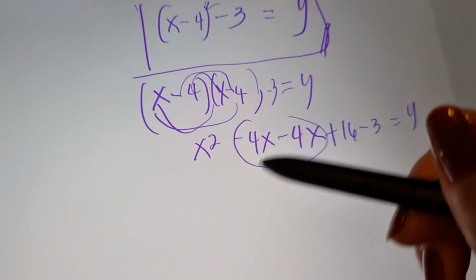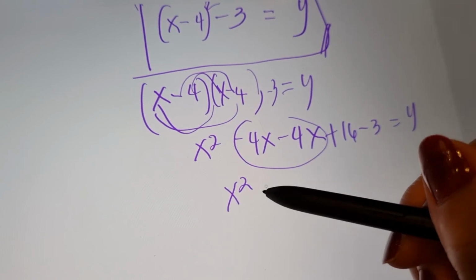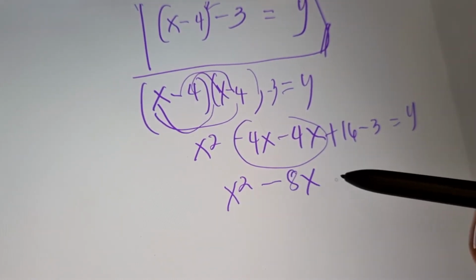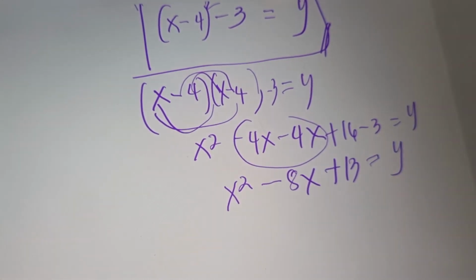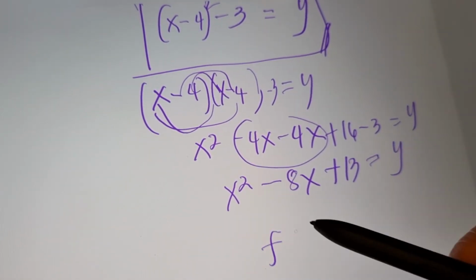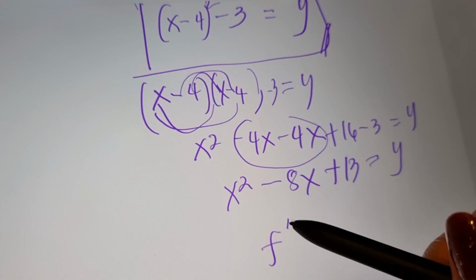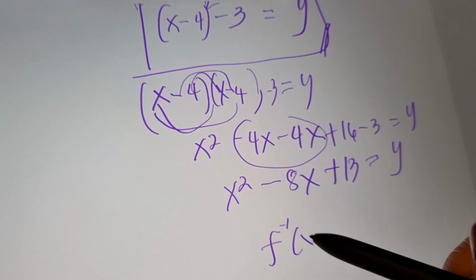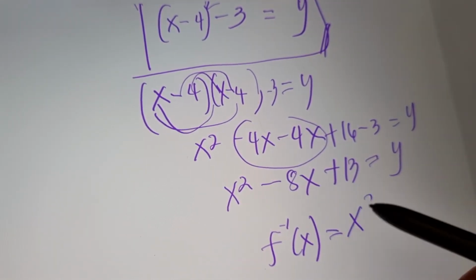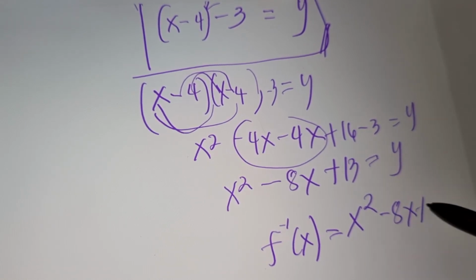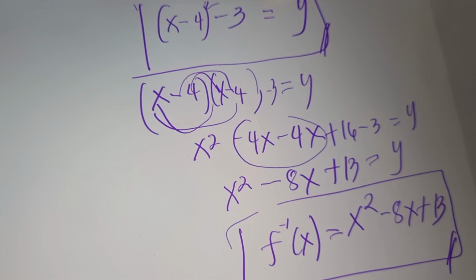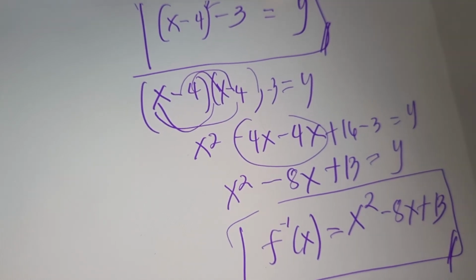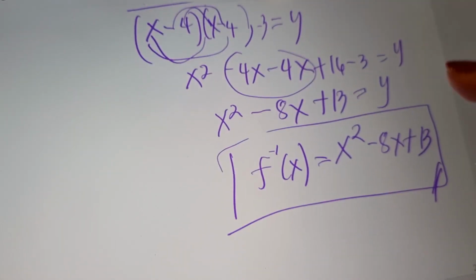So we can combine this. We have x squared minus 8x plus 13. 16 minus 3 is 13, is equal to y. Which means that the inverse function is equal to x squared minus 8x plus 13. Okay? So that's how you're going to find the inverse of the given function.